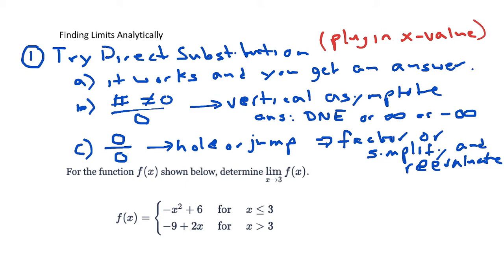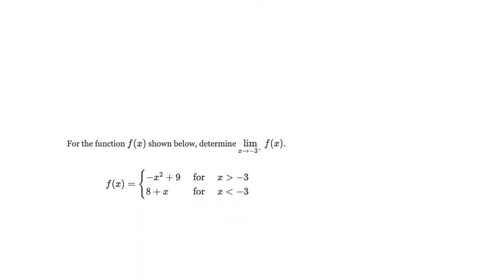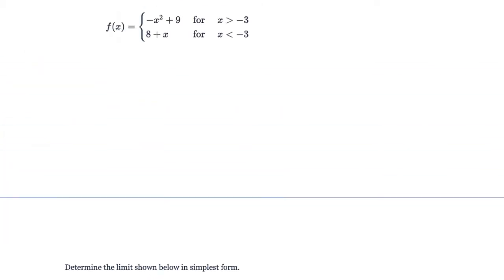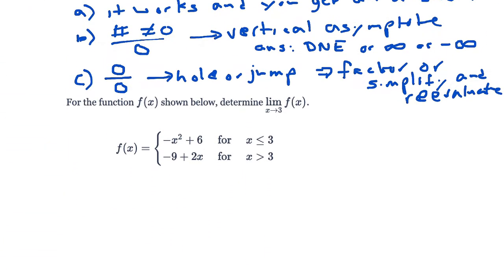Now, in today's assignment, you're going to get two different things. One is with piecewise functions, and then the other one is with functions that are just built in, like those two functions. So let's look at first the piecewise functions.